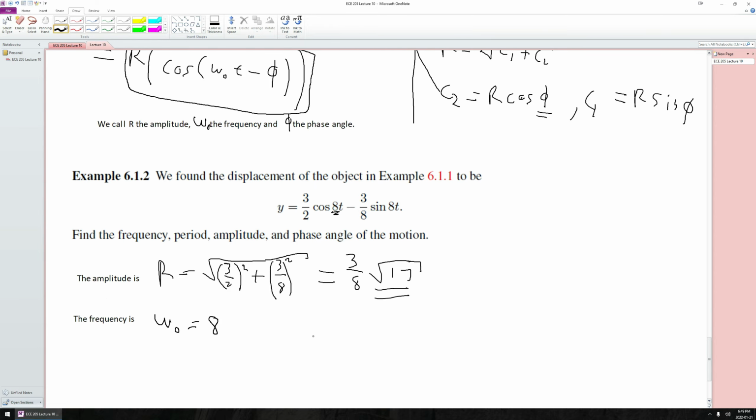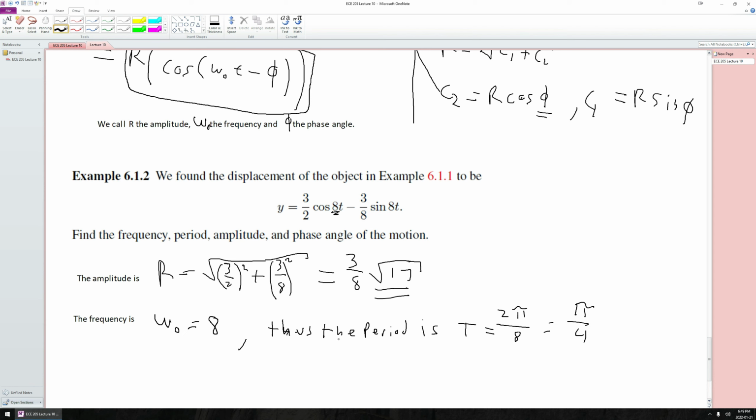And from here, if I have the frequency, I can find the period. The period is usually denoted by T. You don't need to use the symbol if you don't want to, but it'll simply be 2 pi divided by the frequency. So in this case, just pi over 4.